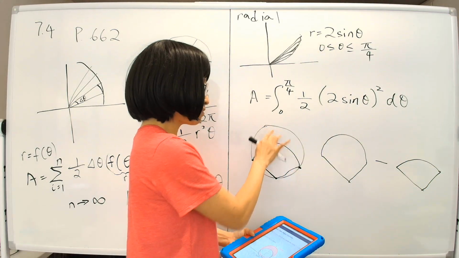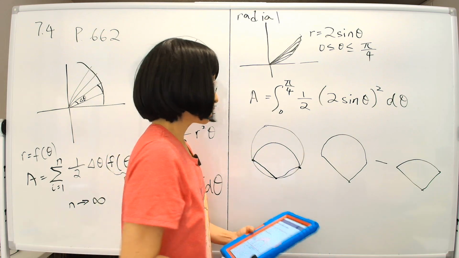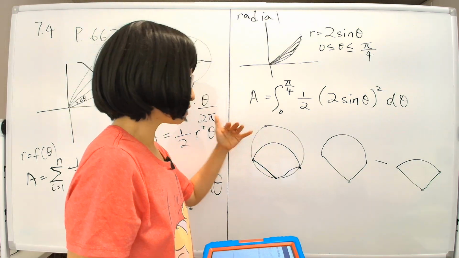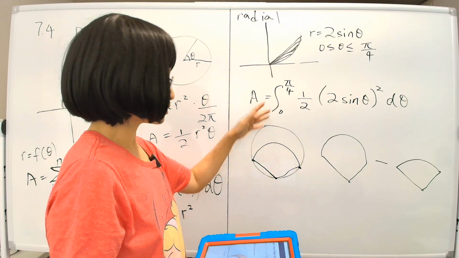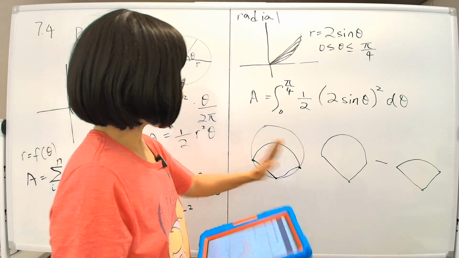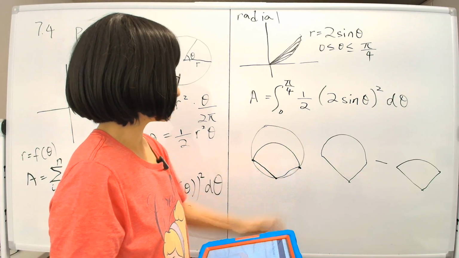The big one subtracted by the small one equals the moon-shaped object. So it's very important that you see exactly what you're subtracting so that your answer comes out correct, so that you're not just blindly doing it, saying, oh, let's subtract, and not even knowing what's happening. So this is exactly what you're subtracting, which in this case happens to be just this.